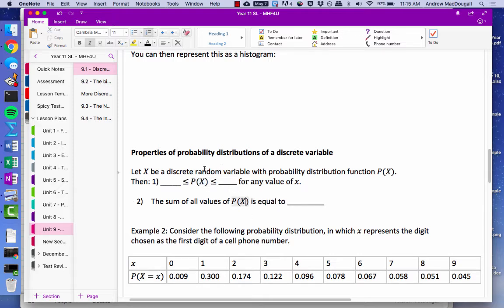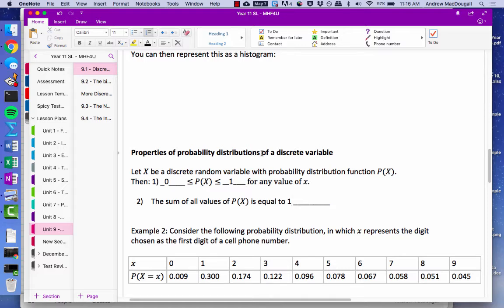For any given value of x, obviously the probability has to be between 0 and 1, just like any probability. Mostly they'll always have values less than 1, but they could go up to 1 in theory. And the sum of all the probabilities, because there's a 100% chance of something happening, since probability distributions tell you about every possibility, has to add up to 1.